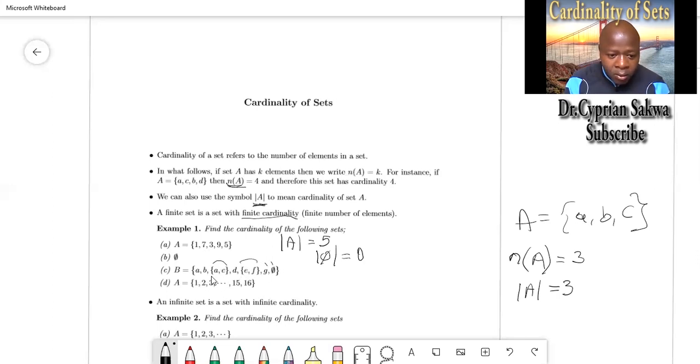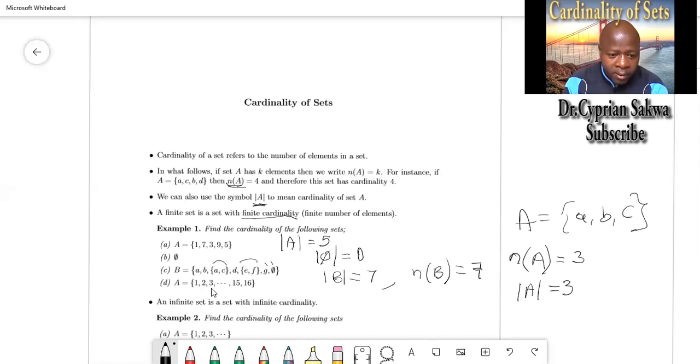So 1, 2, 3, 4, 5, 6, 7. So the cardinality of set B is 7. As I said, I can write it this way, or if you want, you can write it as cardinality of B is 7. They mean the same thing.